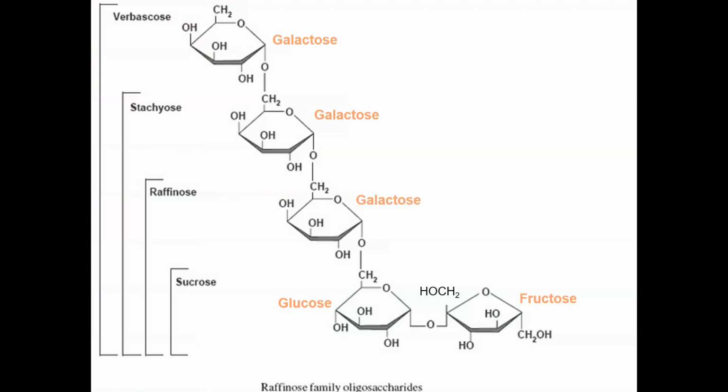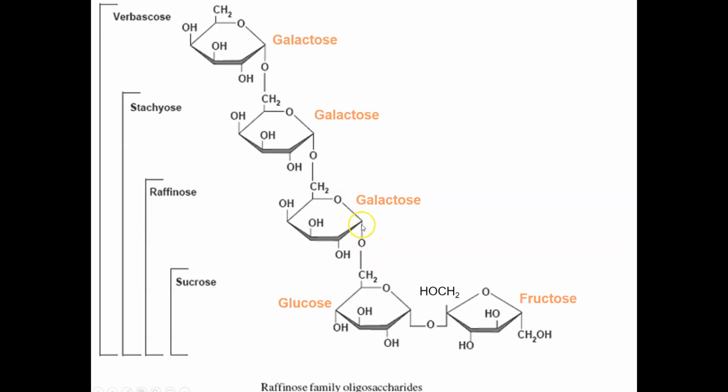So this picture describes how we can build these compounds. Here's our sucrose right here. The sucrose consisted of glucose and a fructose. What we do next to make raffinose is we take a galactose. And here's the galactose. This would have been an OH before you did the chemical reaction, and the OH is below the plane of the ring.